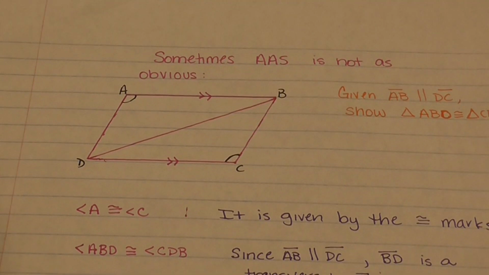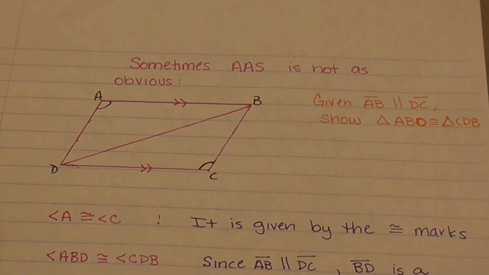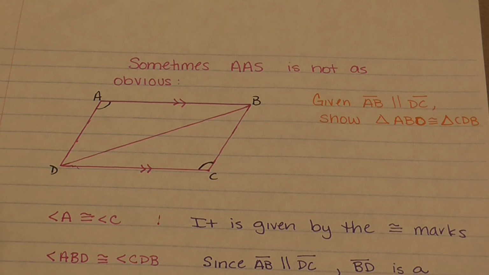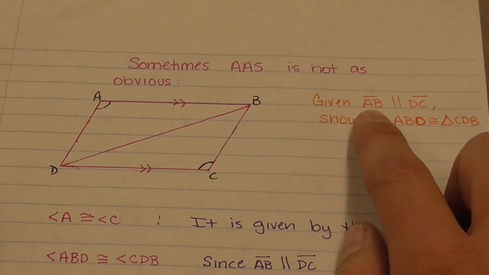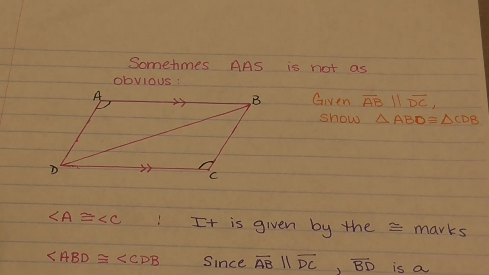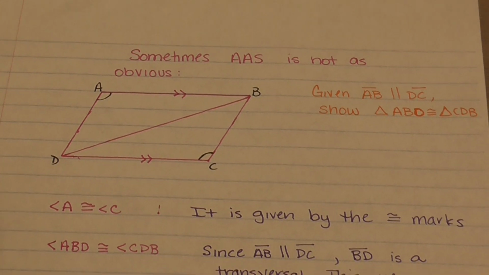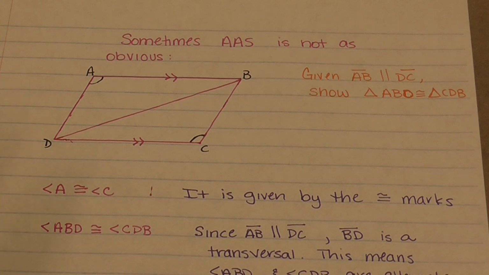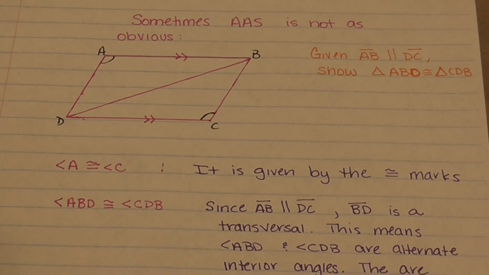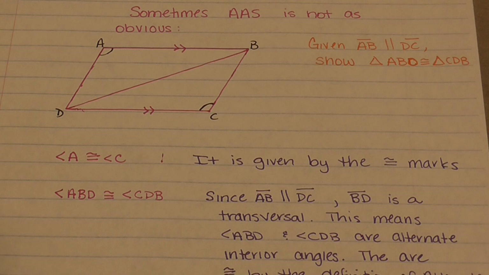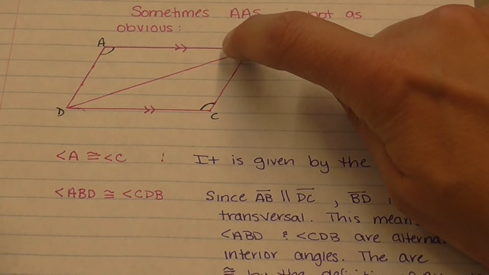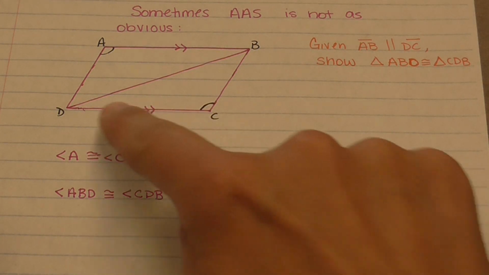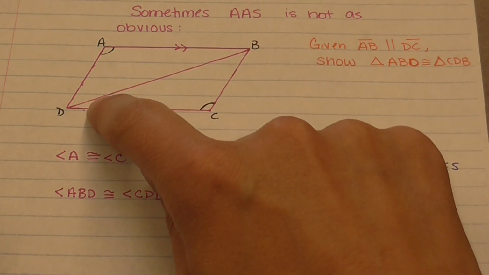There are more complex versions of angle, angle, side, looking at a picture like this one where we've got some parallel lines. So AB is parallel to DC, and that's given right here, and it wants you to show the two triangles are congruent to each other. Well, angle C is congruent to angle A, it's given by the marks. And then angle ABD, that's this top angle B up here, is congruent to CDB, which is this angle down here.